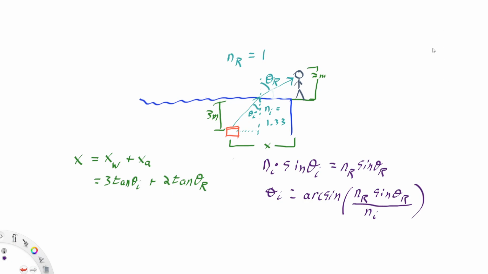I would like to make the point here that if we're looking at this treasure chest, we know what theta r is, right? Because what we're looking at is where we think the treasure chest is. So if we continue this ray backwards, wow, again, if I could draw straight lines, that would be extraordinarily helpful.